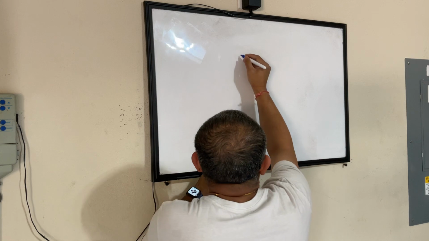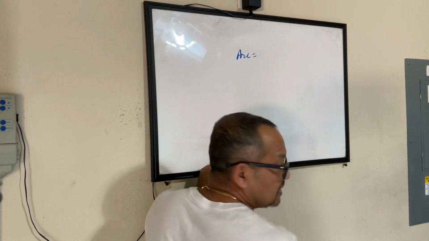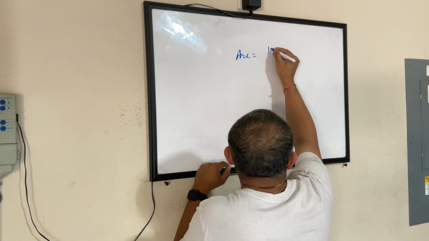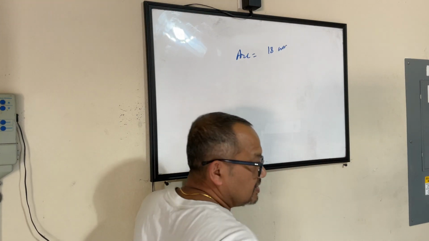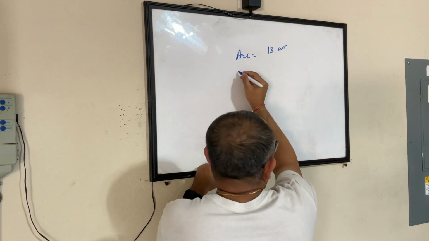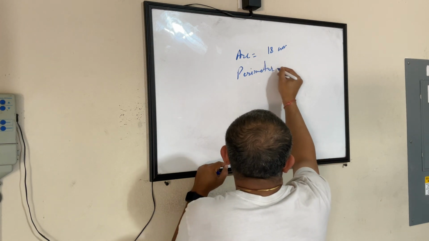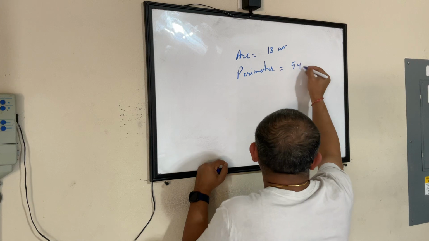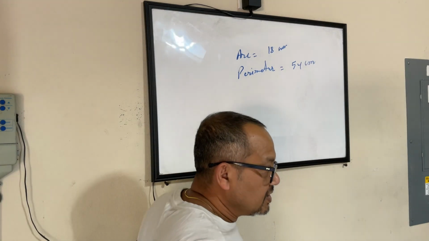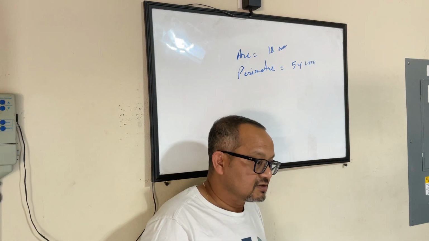But when you deal with those questions, you will see that people will say, okay, the arc length of the circle is, let's say, 18 centimeters, and the total perimeter of the circle is 54 centimeters. Find out the angle this arc makes at the center of the circle.